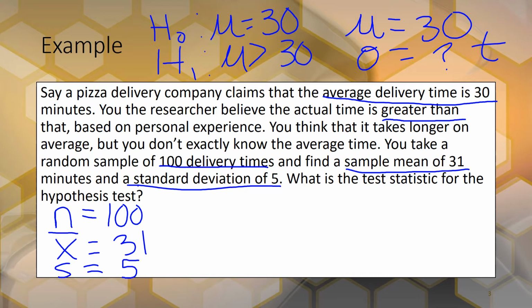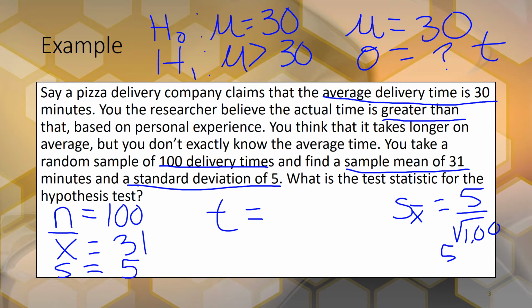But what happens is you're going to calculate it very similar to before. So first you want to find the standard error, and I'm going to calculate that separately first over here. Or you can put it all into one formula if you want, it doesn't matter. So it's going to be the sample standard deviation divided by the square root of n. So the square root of n is just 10.